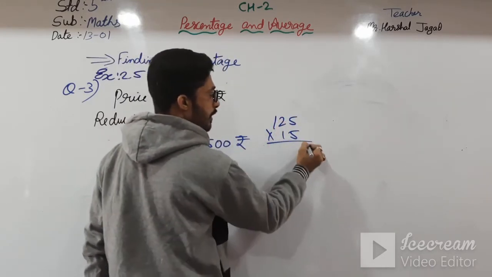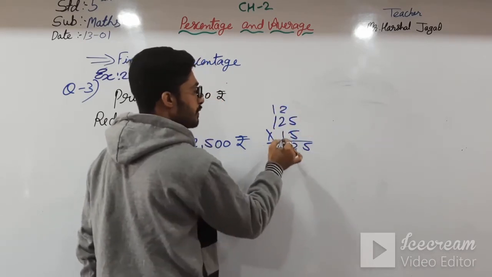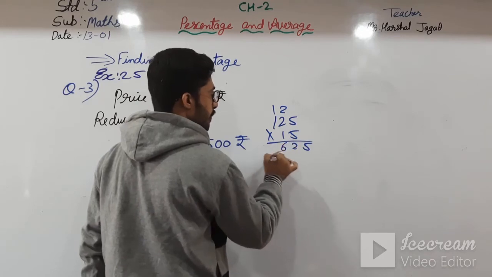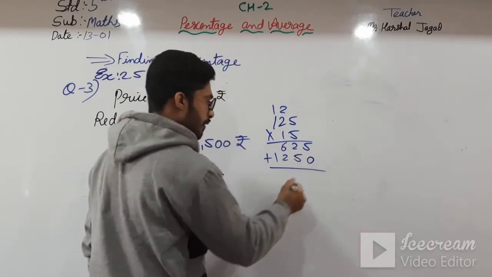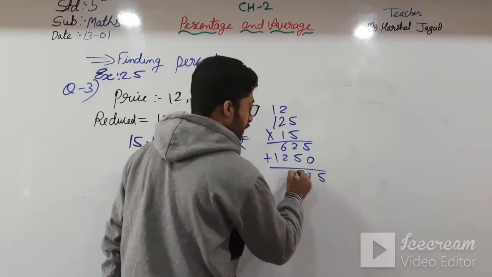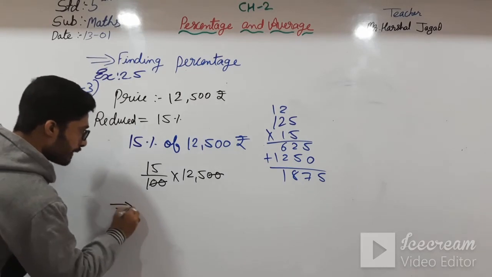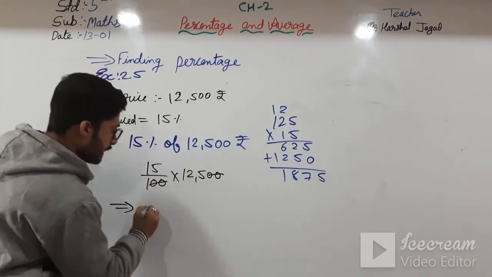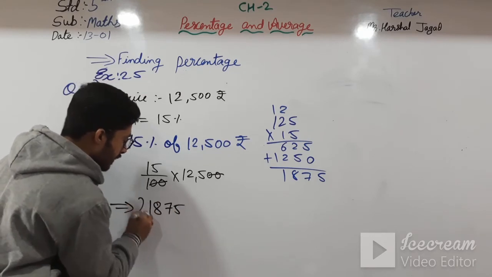Here, first of all, 5 fives are 25, 5 twos are 10 plus 2, 12, 5 ones are 5 plus 1, 6, and so on. So 15% of 12,500 is 1,875 rupees.